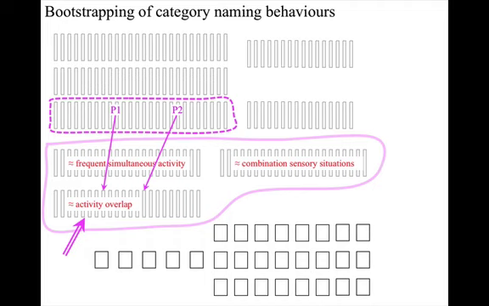But if very few columns are part of both populations, the set of receptive fields detected in the activity overlap area will tend to be different. So the pattern of receptive field detection in the activity overlap area will be different depending on whether the overlap between the P1 population and the P2 population is large or small.